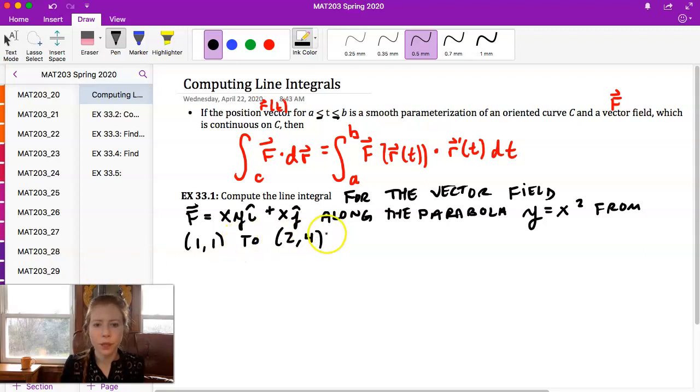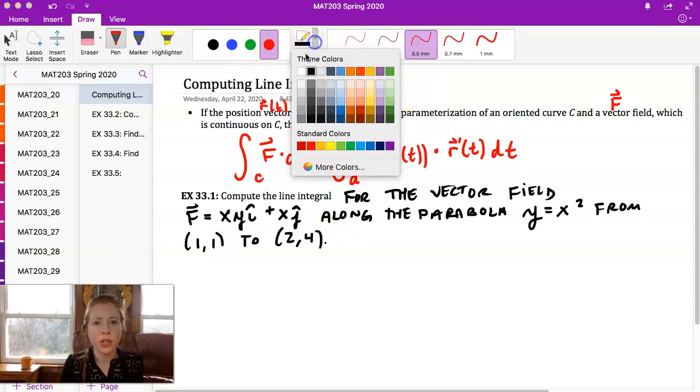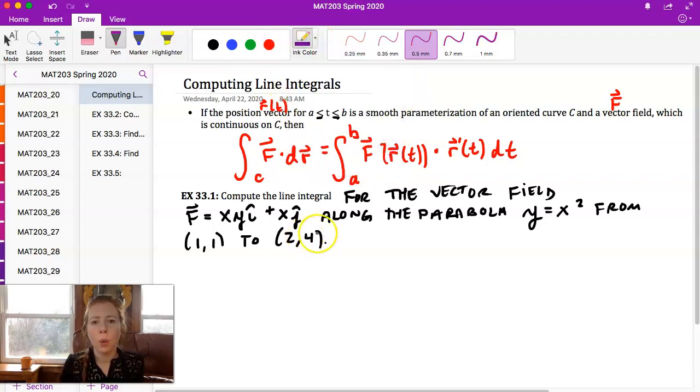Okay, so now first we have to come up with a parameterization for y equals x squared. So r of t. For our parameterization, remember each component has to be a function of time.